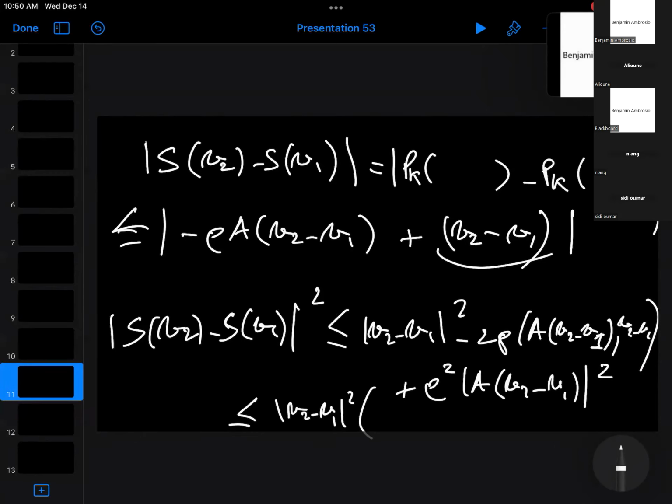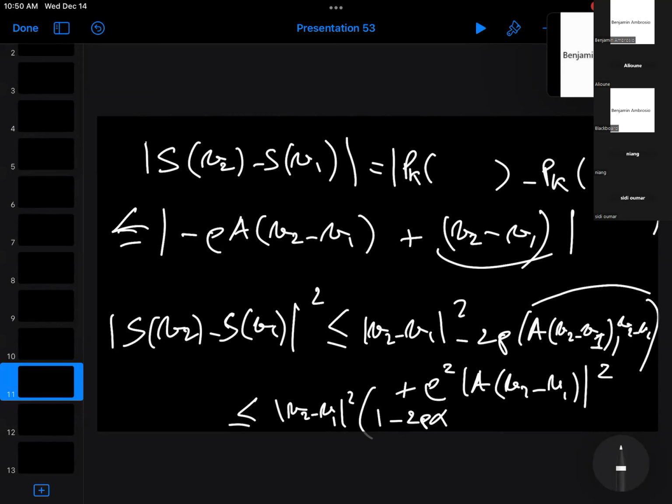From the coercivity, this is greater than alpha times the norm of v2 minus v1 squared. Since I have a minus 2 here, I will obtain the inequality in the other direction. So this is 1 minus 2 rho alpha.